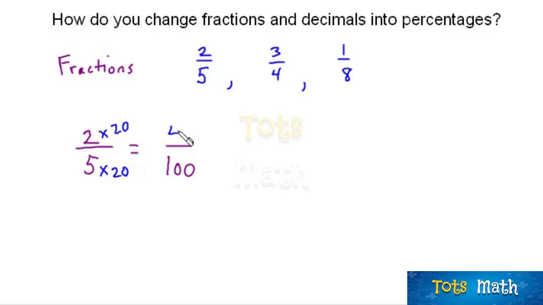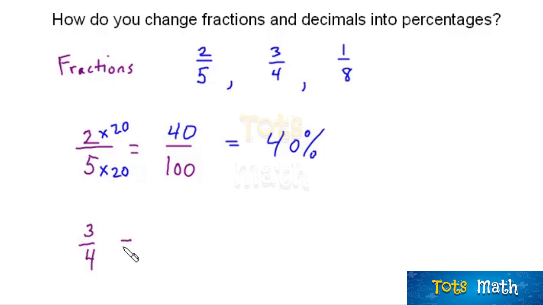And that gives us 40. So we've just written 2/5 as a fraction out of 100 parts. So now we know the percentage. The percentage is simply 40%. Let's try it for the next fraction, 3/4.